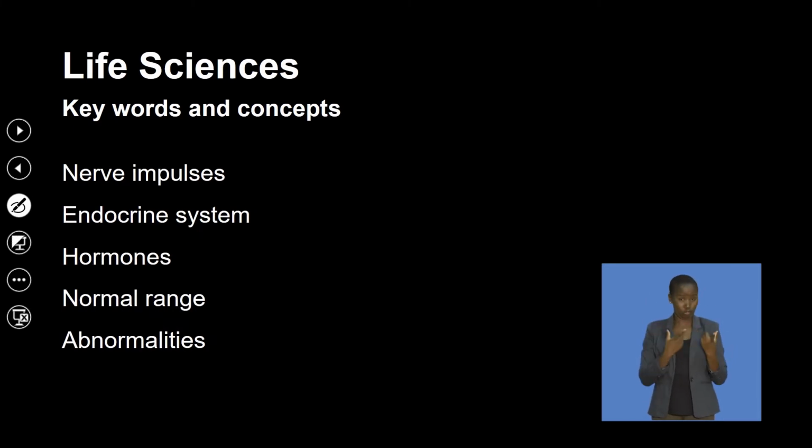We will also look at how the nervous system uses nerve impulses. We're going to spend some time looking at chemical messages in the endocrine system. We're going to look at what hormones are. We're going to try and understand what a normal range is and possibly discuss some abnormalities when things do not function within the normal range.